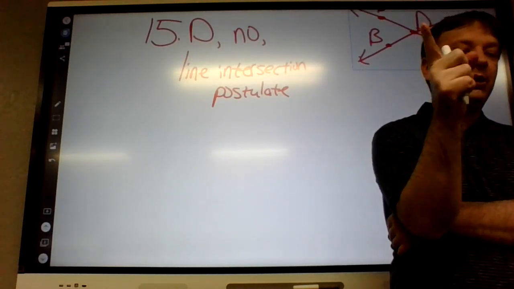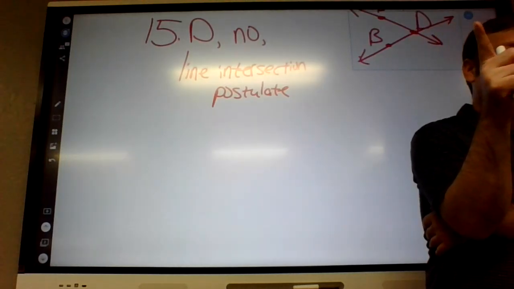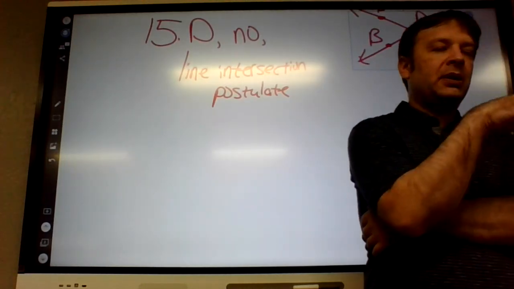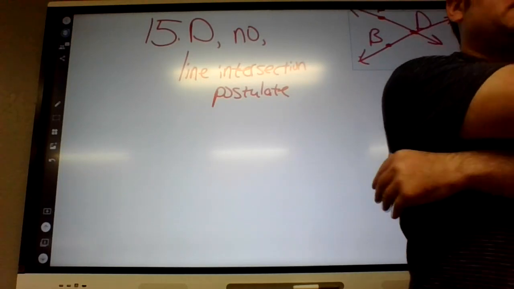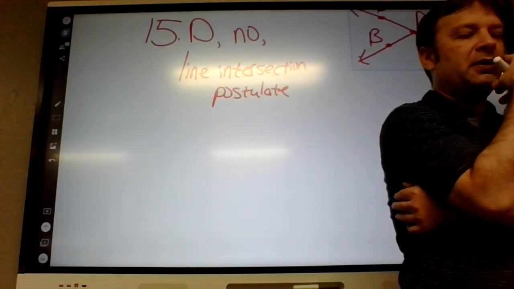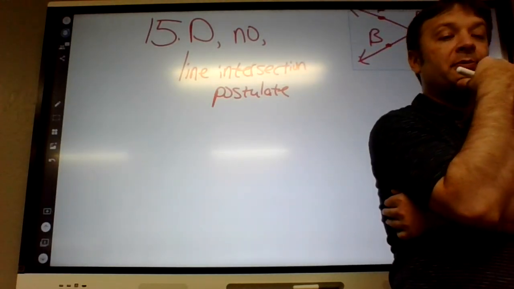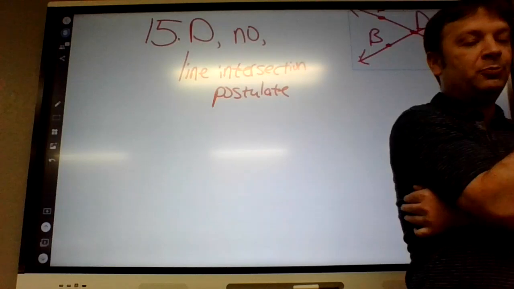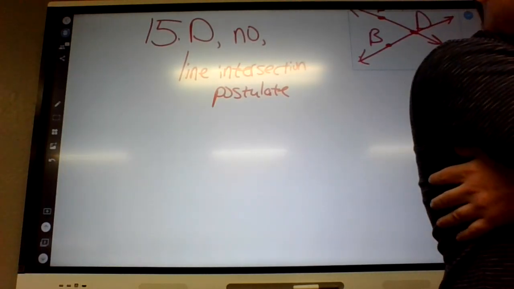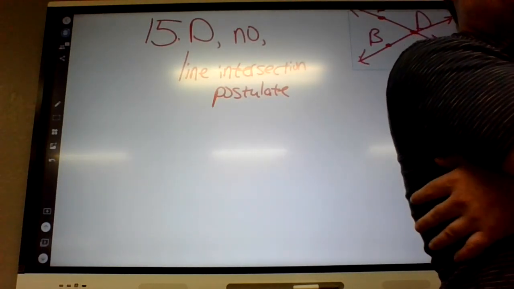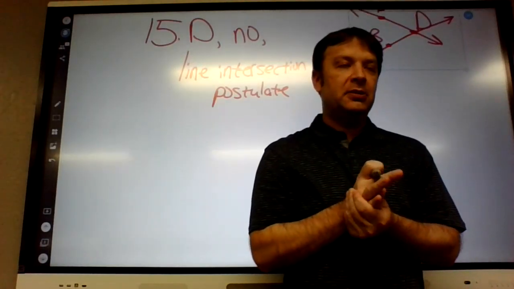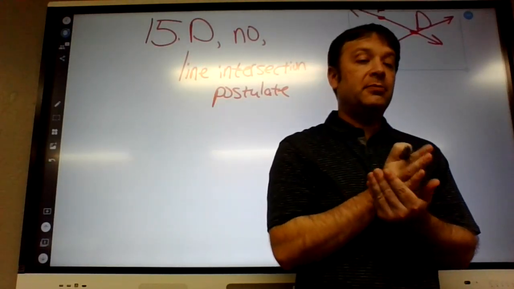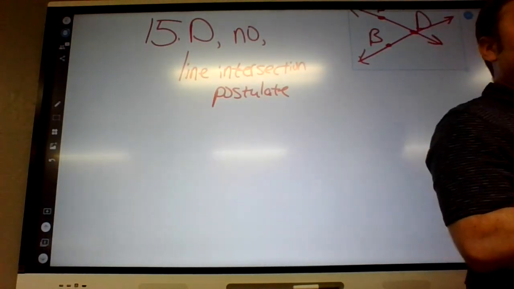That means they don't intersect and they're also not on the same plane. Yes. Okay, well, let's give an example specifically. There's more than one example, but what two lines in that picture, if we drew them, would not intersect, but they would not be in the same plane either?